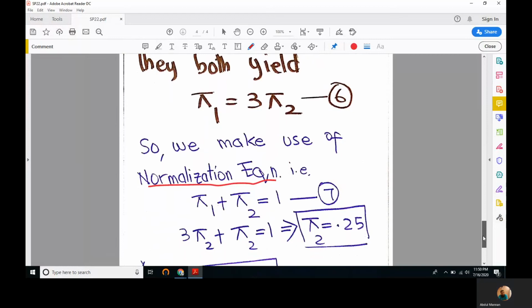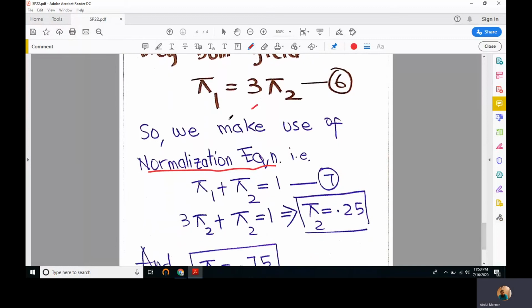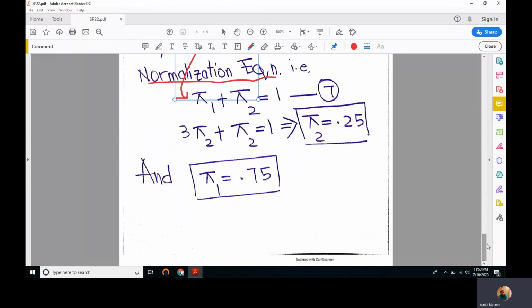If we solve them, putting the value of 3 pi 2 instead of pi 1, we get pi 2 equal to 0.25 and pi 1 equal to 0.75.